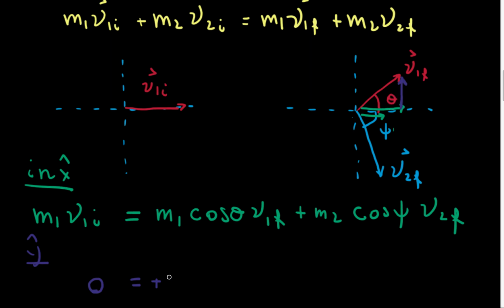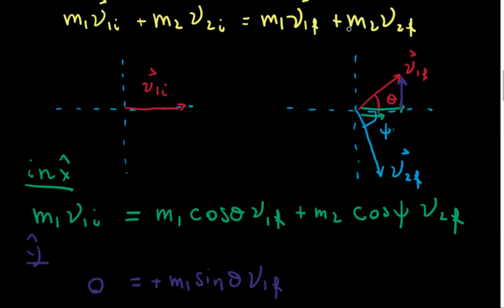So this will be mass 1 sine theta. Good. So mass 1 times velocity 1 final in the y direction is m1 sine of the angle times velocity 1 final. Okay, good.